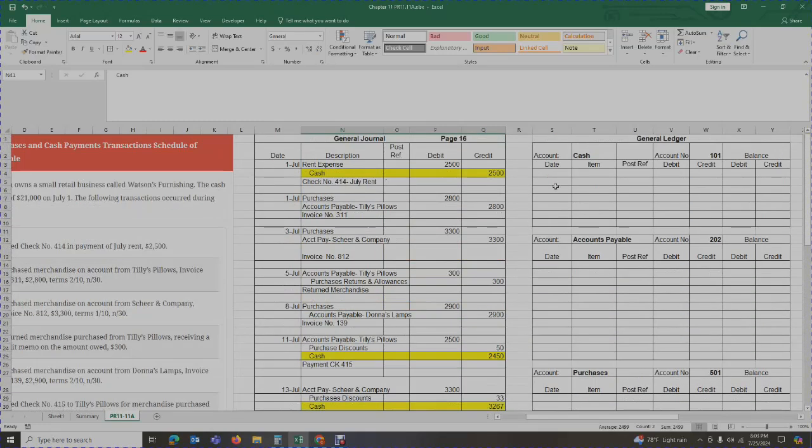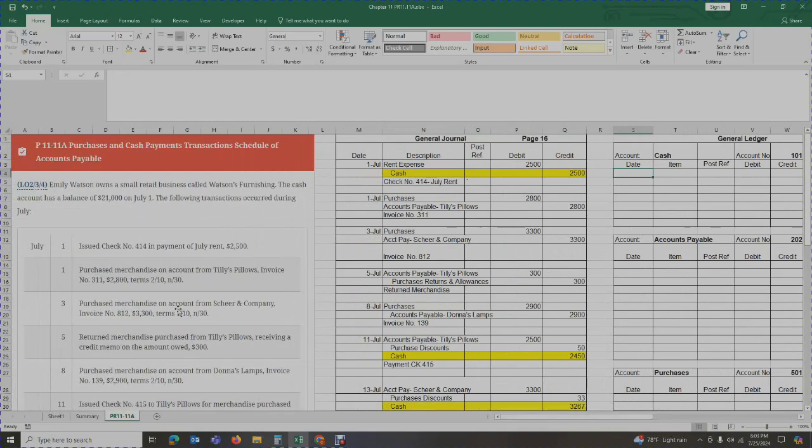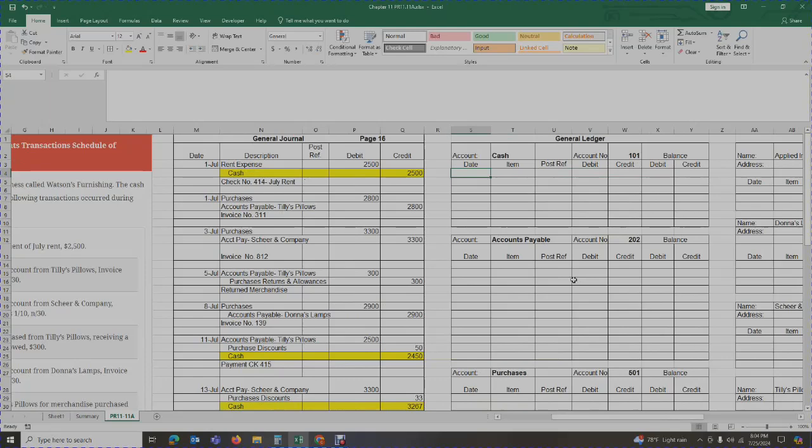Okay, so for cash, the problem tells you in the second sentence, the cash account has a balance of $21,000 on July the 1st. Make sure you do not forget the beginning balance.